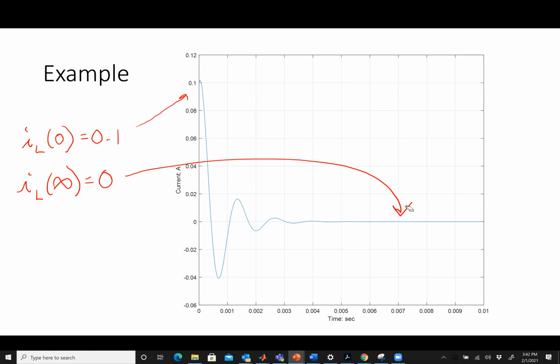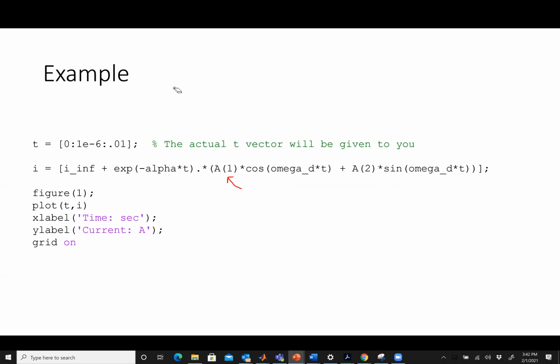What's the difference between omega D and omega 0 that you use in the formula? They're two different values. This form of the solution comes from how you solve the differential equation. We call omega D the damped frequency. We call omega 0 the resonant or natural frequency.